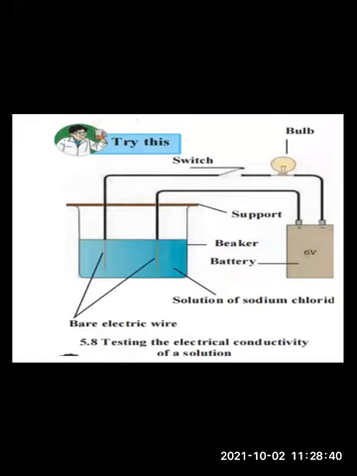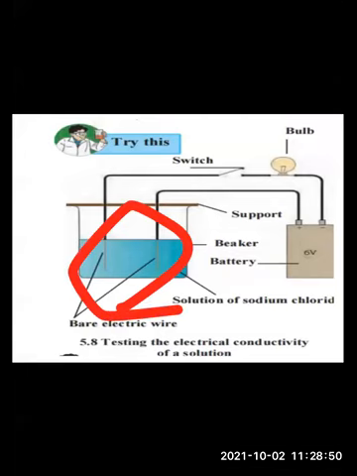You can check here how the wires are immersed. The wires are inside the solution, and the electric wires are without any insulating covers, that means they are uncovered by insulators.